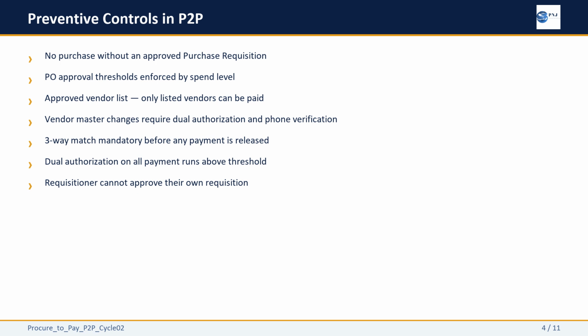The mandatory 3-way match before payment prevents the cycle's most common financial errors. Dual authorization on payment runs ensures no single person can execute large cash transfers, and the self-approval prohibition on requisitions maintains the independence of every authorization in the chain. Remove any one of these and the cycle becomes vulnerable.